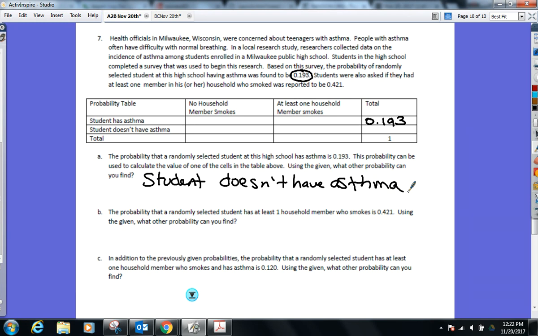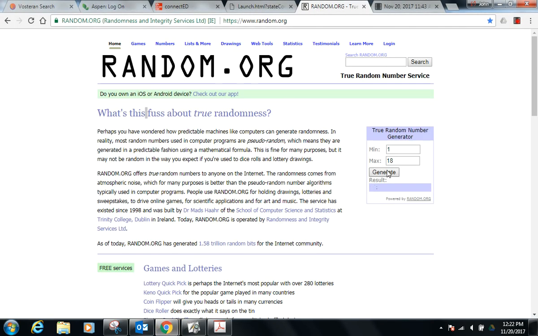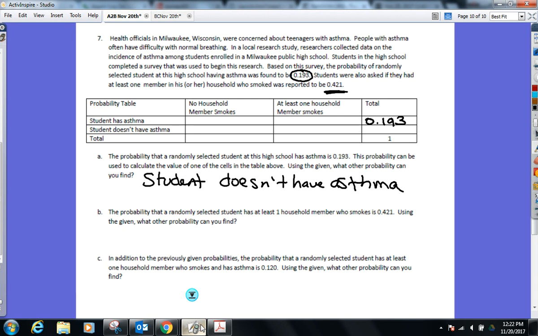Okay, let's go to the 0.421 now. It was also reported that at least one member of the student's household smoked, 0.421. Where's that going? Where should I put that 0.421? Total, yep.